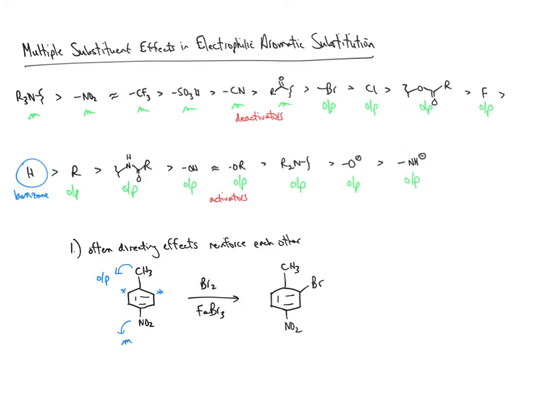Okay, so what happens if effects are opposite? Well, that's the second case. All right, so when the effects are opposite, it is the more activating group that controls the regioselectivity.